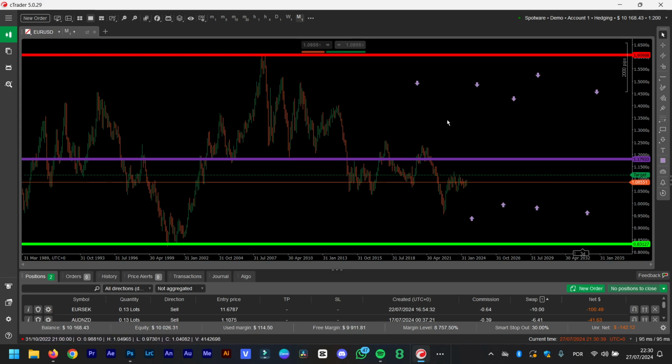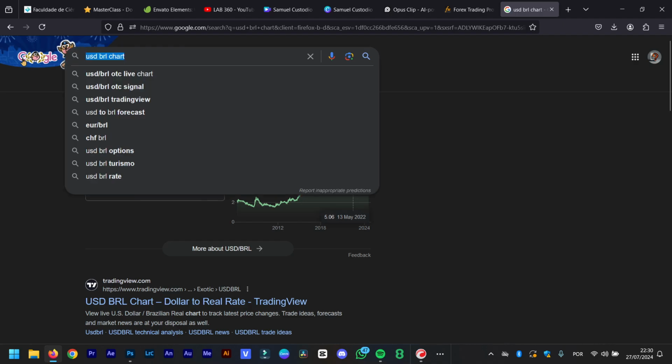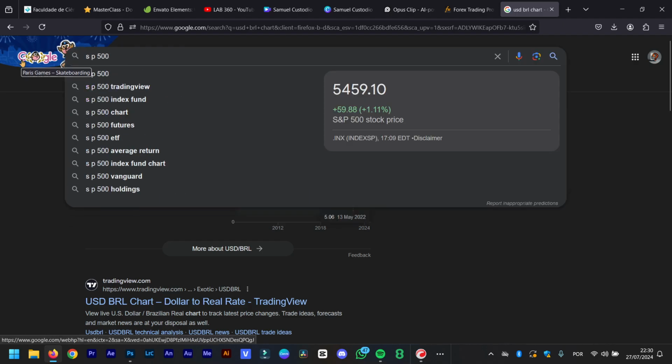But we do know that over time, we have a probability of the chart going back to the break-even point, unless there's a recession or some crisis, or a pandemic, for example. But overall, the chart goes back to the normal price, just like, for example, the S&P 500.